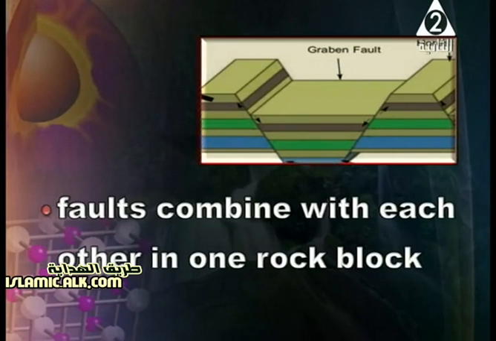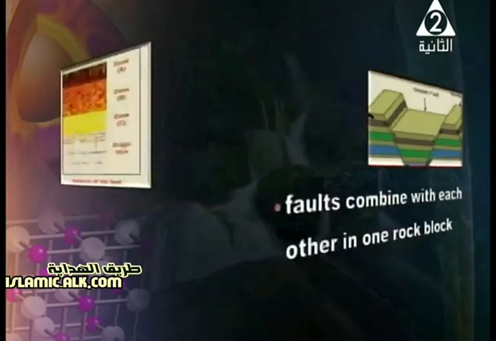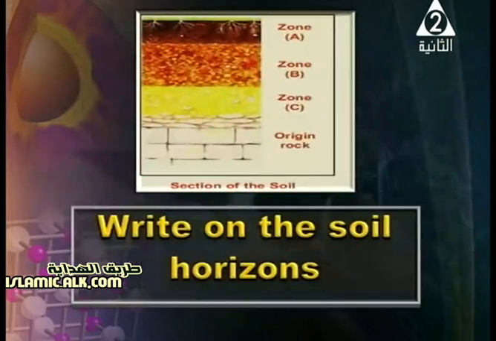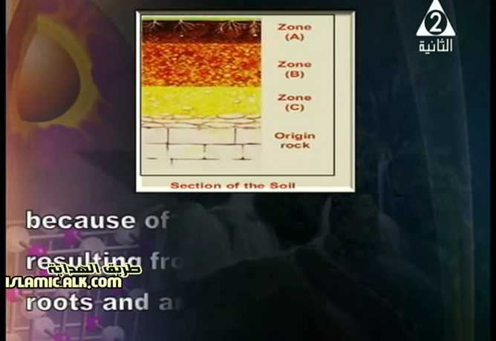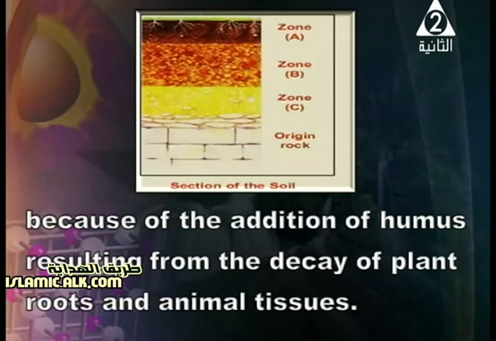Now let's go to the next diagram. As you see, the question is about the soil horizon. As you know, we have an upper horizon and we call it the A horizon. It is commonly grayish in color because of the addition of humus resulting from the decay of plant roots and animal tissue.